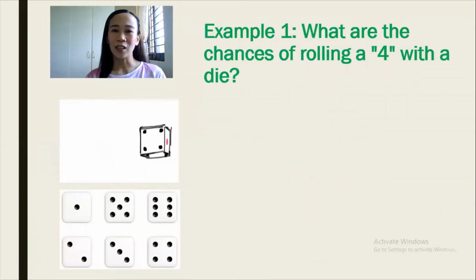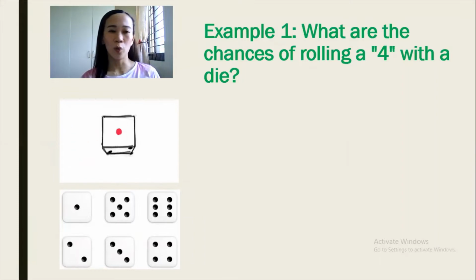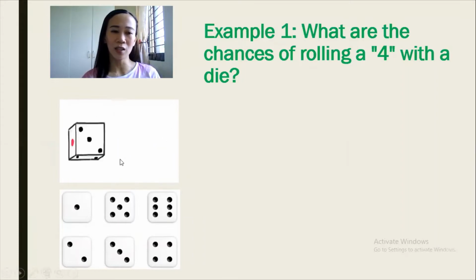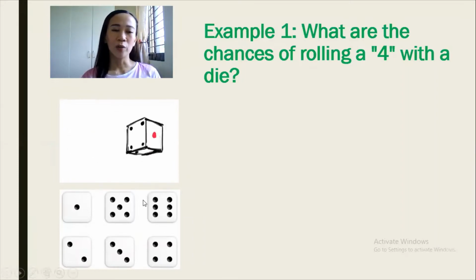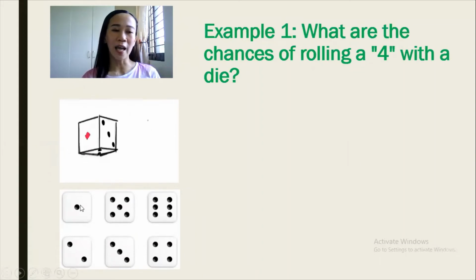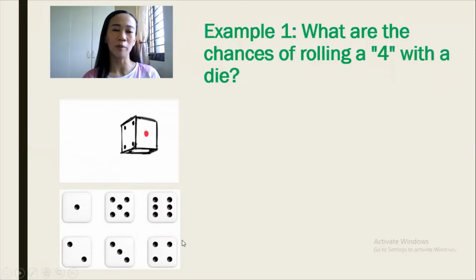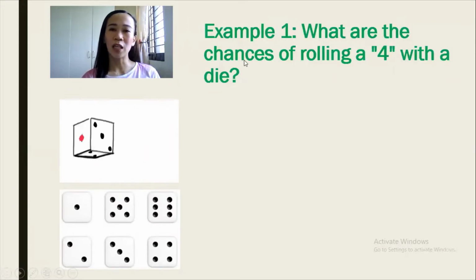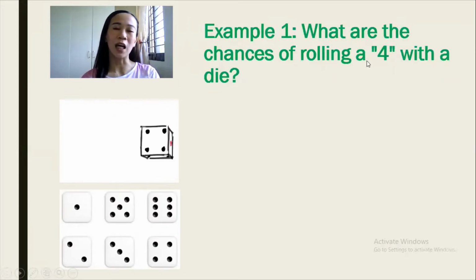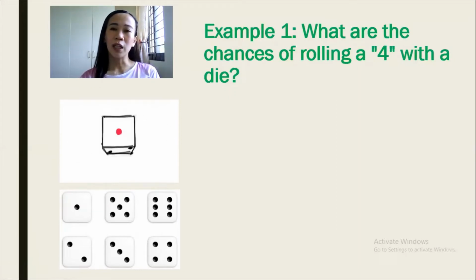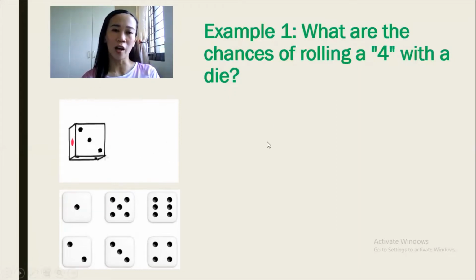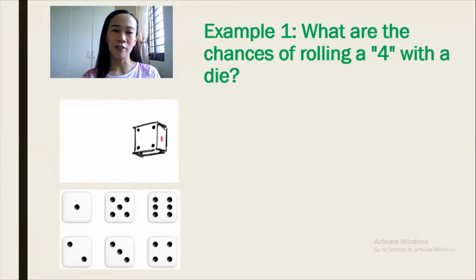What are the chances of rolling a 4 with a die? So this is our die. You remember that our die has 6 faces: 1, 2, 3, 4, 5, 6. So what are the chances of rolling a 4 with a die? First, we will get how many 4s there are. That's the number of events. So how many 4s? We have 1, over the total number of outcomes.